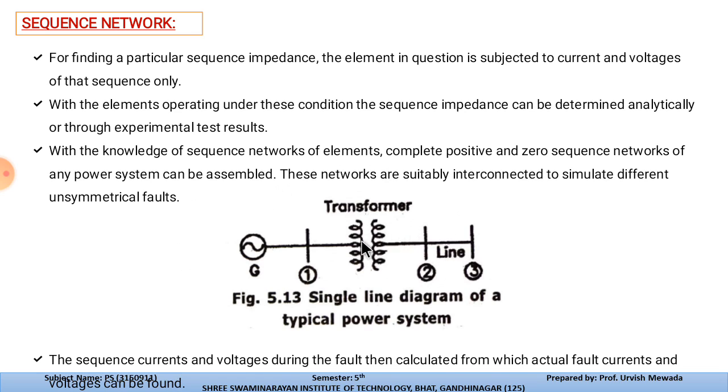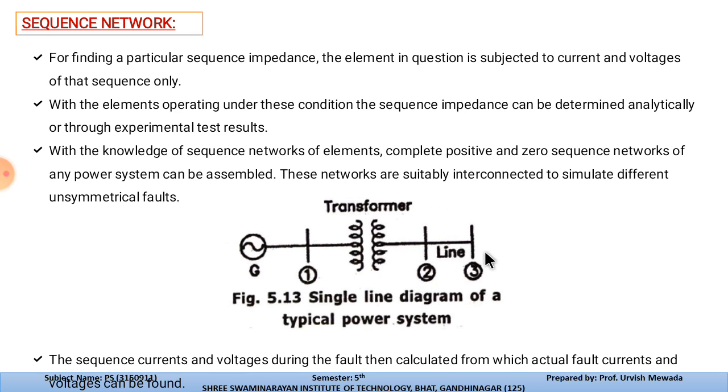With the elements operating under this condition, the sequence impedance can be determined analytically or through experimental test results. By a trial and error method, or an analytical method, we can determine the impedance of all the elements present in this power system or network.